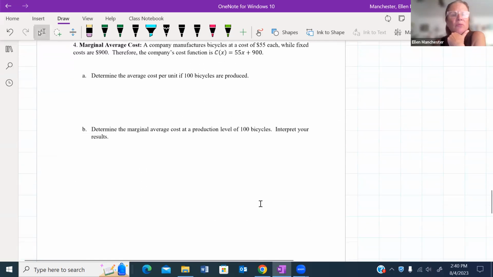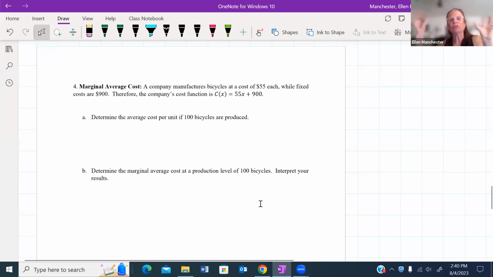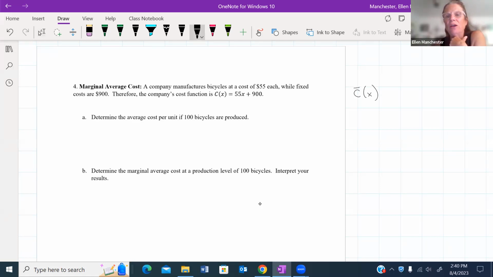Okay, so this one is marginal average. Remember, average is you take the whole thing and divide it by x. If we're looking for average cost, and this is the notation, average cost has a bar over it, you take the cost function and divide it by the number of products. Remember, x always represents the number of products.